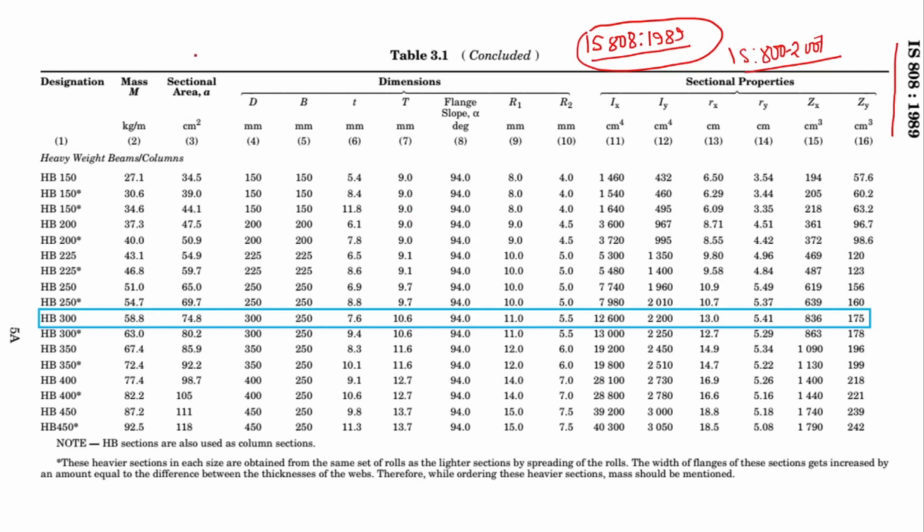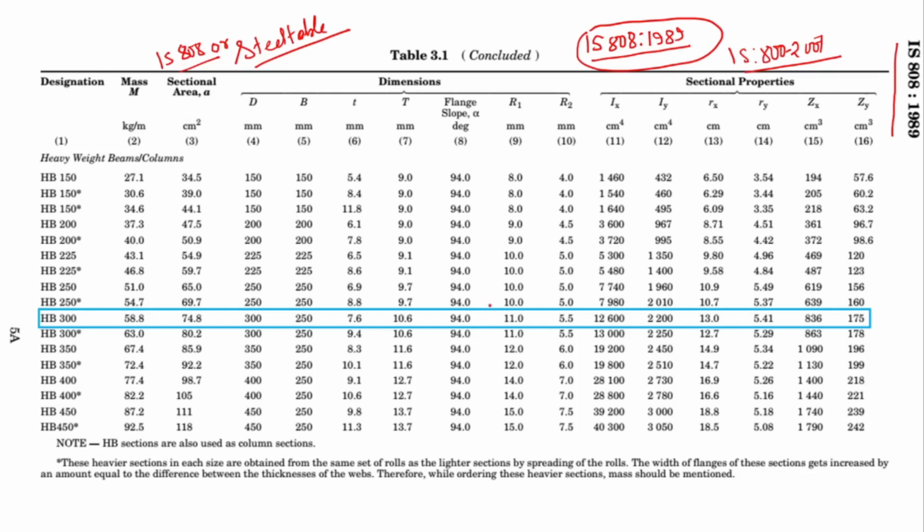Instead of IS 808, you may use steel tables, which are also available in the market. Whichever you feel comfortable with, you can use. Also remember, for the semester exam, along with IS 800, you can bring IS 808 to the examination hall.